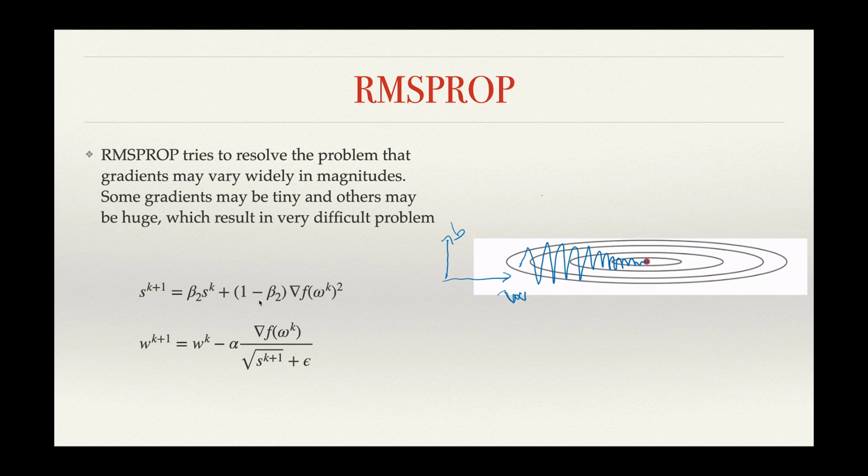So as I said, it's like the moving average, but here it's a moving variance. That's why the formula here is similar. This part is the same until here, but here we multiply by the square of the gradient. And instead of having S_k, we are normalizing the gradient with respect to the variance. So this represents the moving variance, as I said.